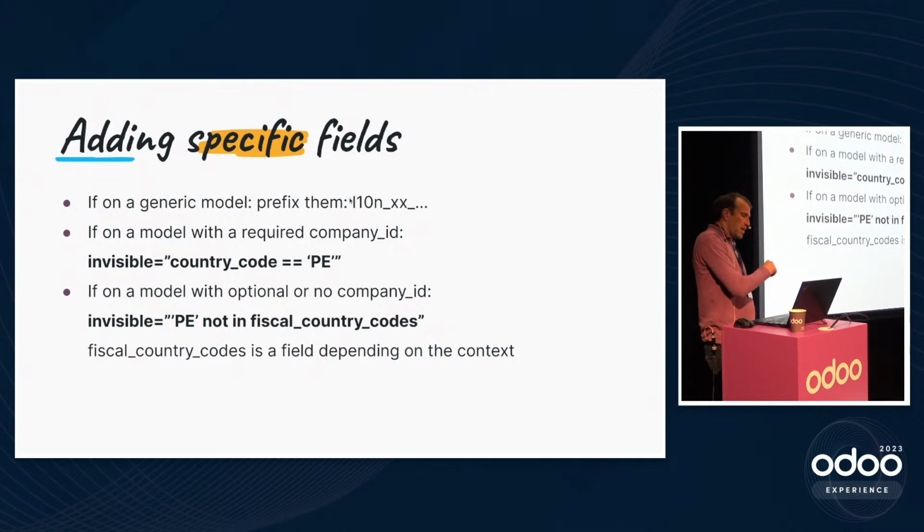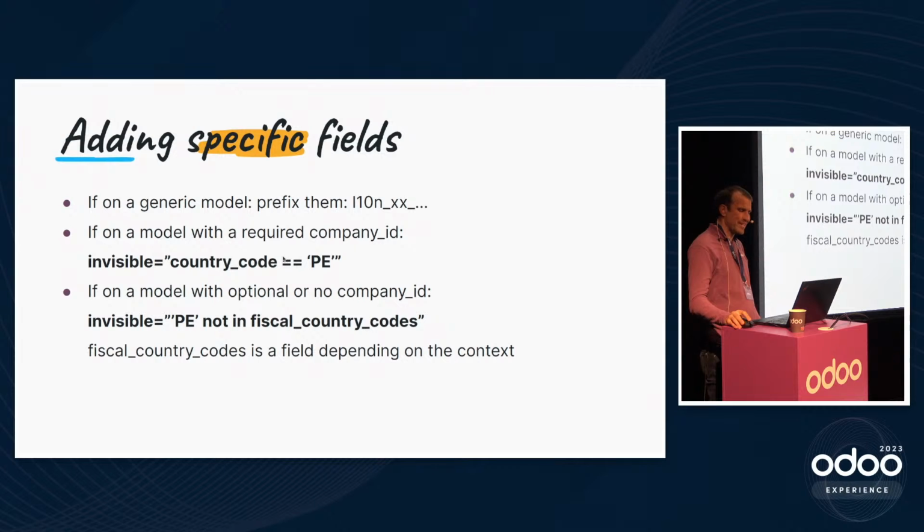And then if you add that field, you can add it on an object like an invoice, which already has a company ID. An invoice has a specific company ID. And that company has a fiscal country, you know, that company is a Peruvian one, for example, and you know, okay, that extra field that I add, I need to show it in the interface when it's Peru, and not when it's not Peru.